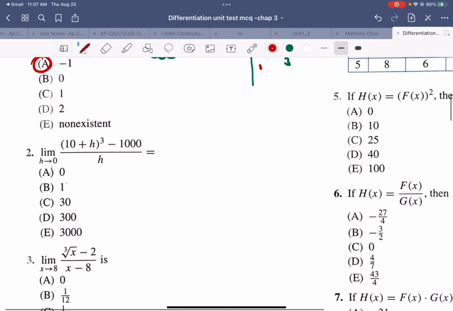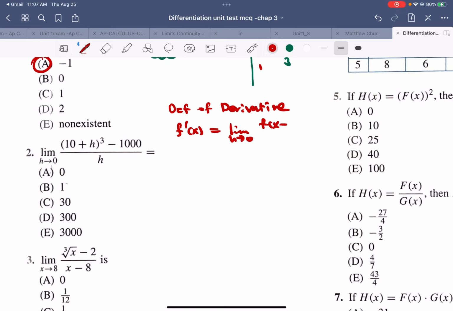Next one, number 2. So this one, you have to recognize what is f of x and what is the x value. So let's talk about the definition of derivative. The formal definition of derivative is f prime of x equals the limit as h approaches 0 of f of x plus h minus f of x, over h.